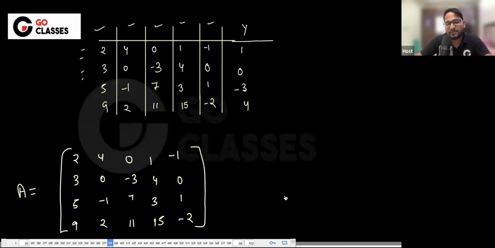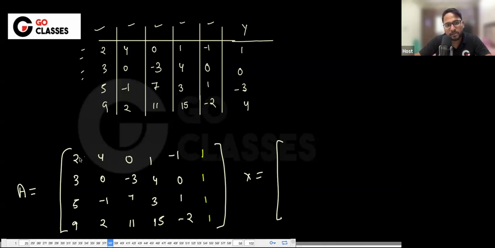We have missed something here. Can anyone tell me what we have missed? Yes, actually, we also need to write a column of ones, because there will be a term which is without the multiplication of any feature. And then what is your x?